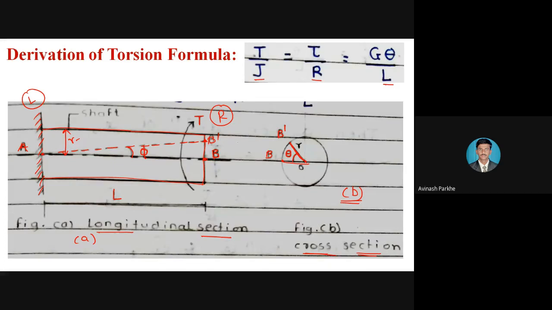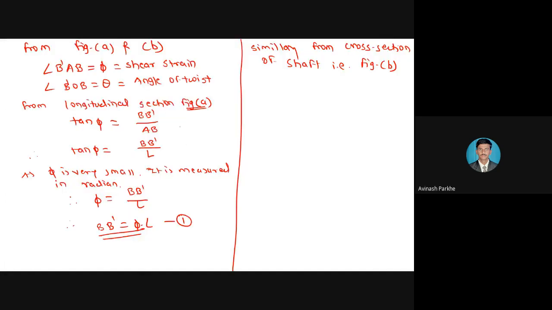B dash in figure B represents the arc. This is the arc. If I have to calculate the length of arc, let us see.